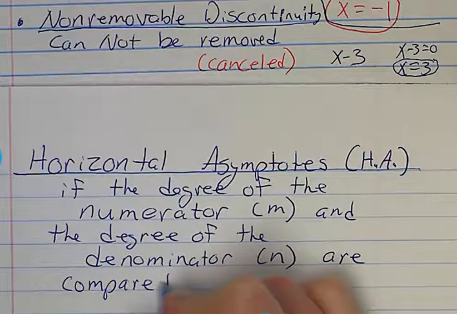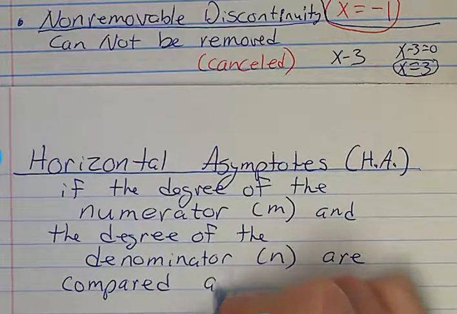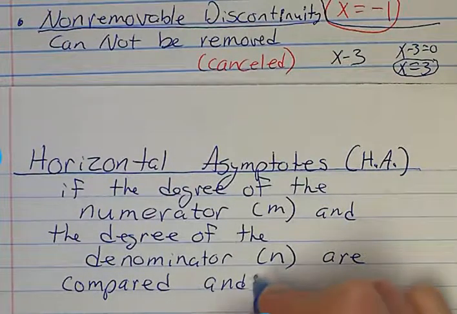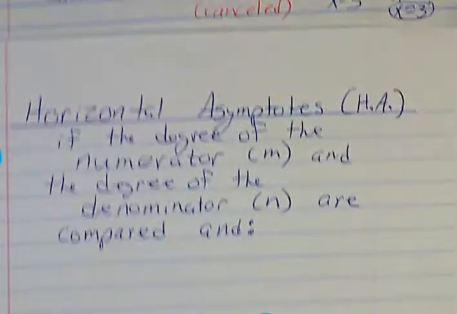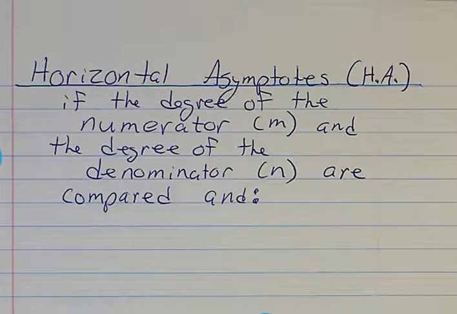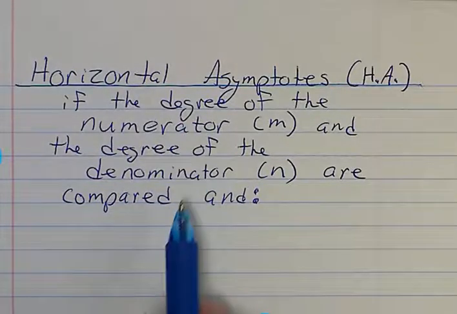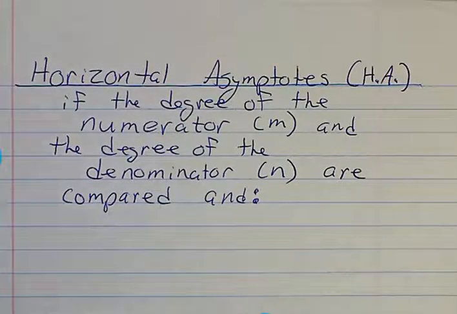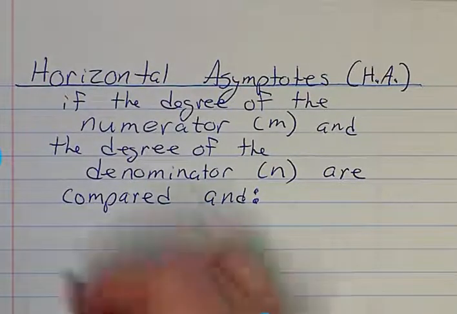You're going to compare them. Everybody knows what we're saying when we talk about degree, right? Flashing back to chapter 4, I think it was. What is the degree? Highest power, right? So the degree is just the highest power of whatever you have in the numerator, and the highest power of whatever you have in the denominator. And you compare them. You only have 3 options when you compare numbers.